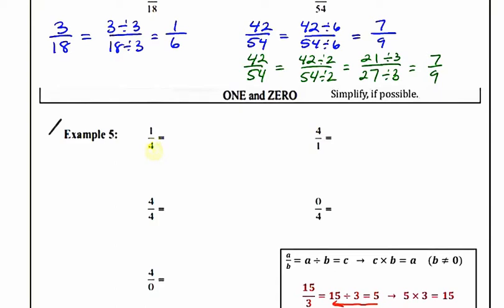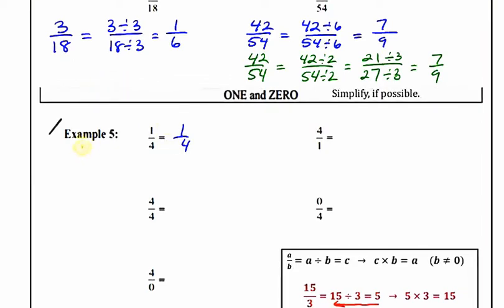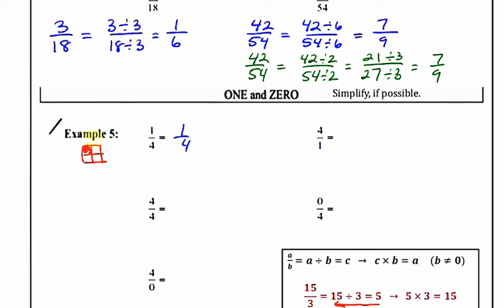So our first fraction is 1/4, and we know from above this does not simplify because the only common factor between 1 and 4 is 1, so let's just write 1/4 equals 1/4. If we did want to model this fraction, we'd have 1 whole, cut or partitioned into 4 equal pieces, one of which would be shaded.